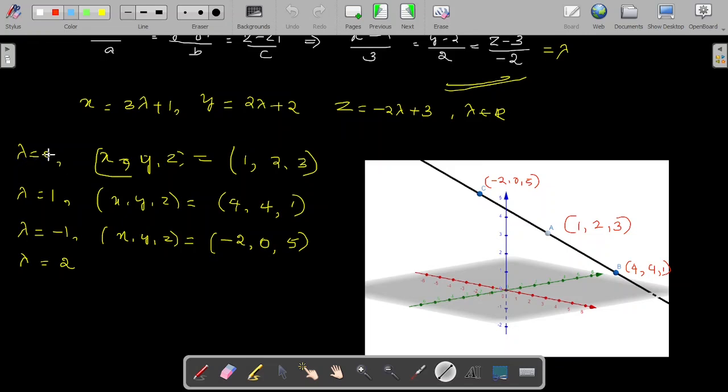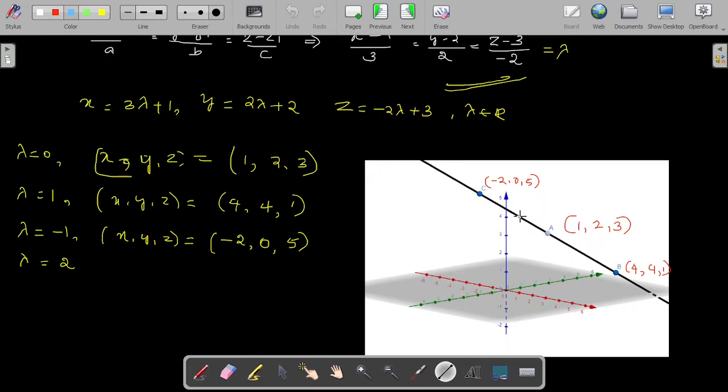So when you put lambda equal to 0, x, y, z becomes 1, 2, 3. That is a point on the line. Lambda equal to 1 gives 4, 4, 1, another point on the same line. Lambda equal to minus 1, x, y, z becomes minus 2, 0, 5. When you plot all the points in space and join them, you will get that particular line.